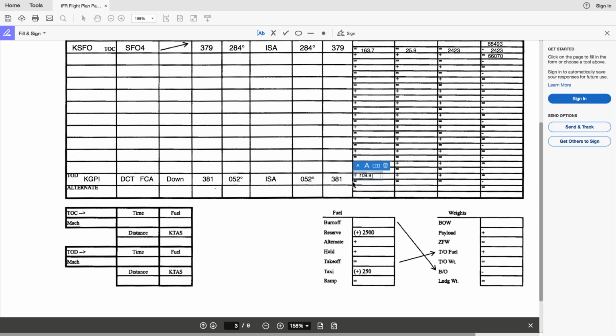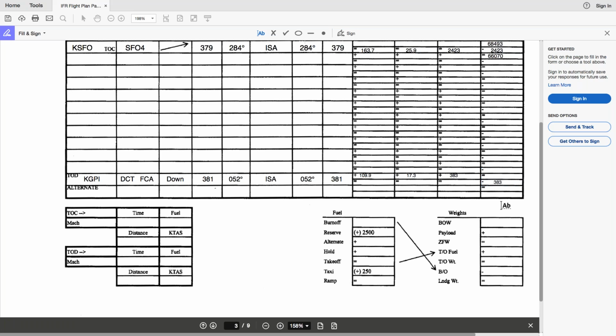Our segment time was 17.3. Our segment burn was 383 pounds. And there you go. So down here in this minus, we'll just put 383 pounds there. And that's all we're going to do for our top of descent.